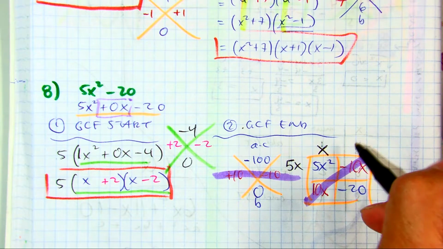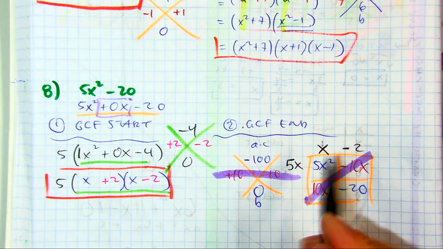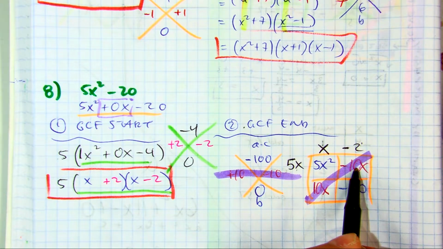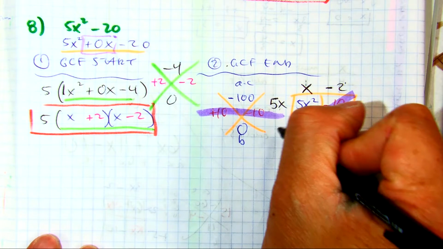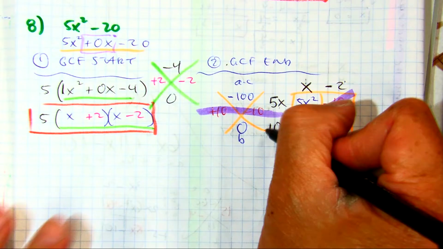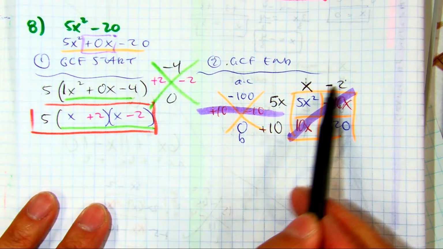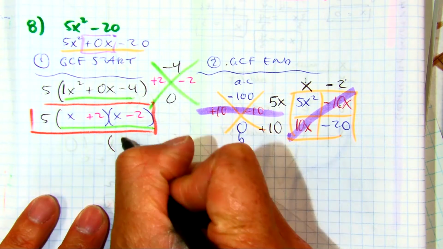How about over here? 5x times -2 is -10x. And then what goes over there? Positive 10. Now, I'm going to write my binomials right underneath the ones we just did, because I already know that's the answer.